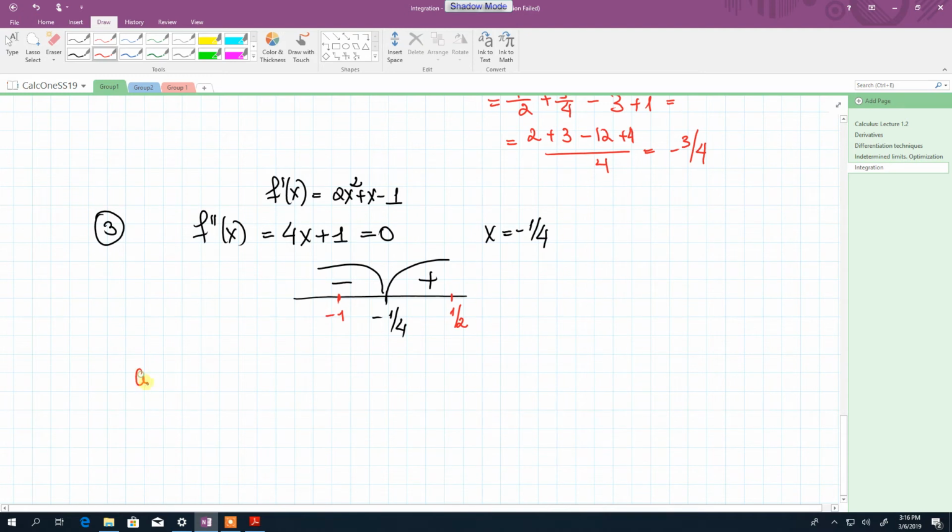So the concave up is in the region from minus 1 over 4 until infinity, right? And concave down in the region from minus infinity until minus 1 over 4, okay? Don't be surprised. If your function attains its maximum, then the second derivative should be negative, right?